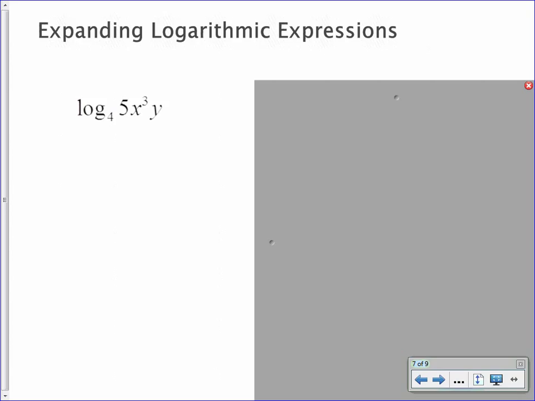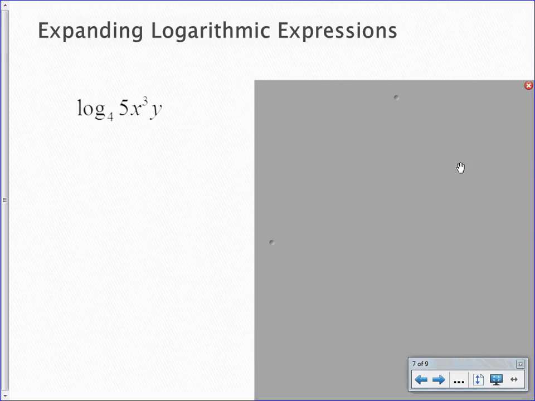Log base 4 of 5x cubed y. Now I know that some of you are going to be able to look at this and write out the expanded version right away. I'm going to break this up into two steps.